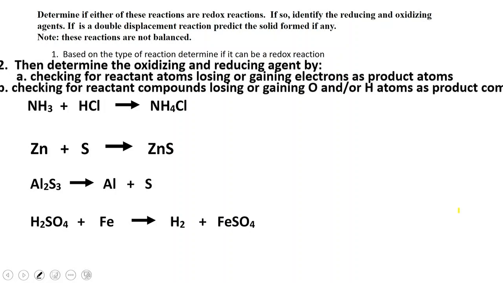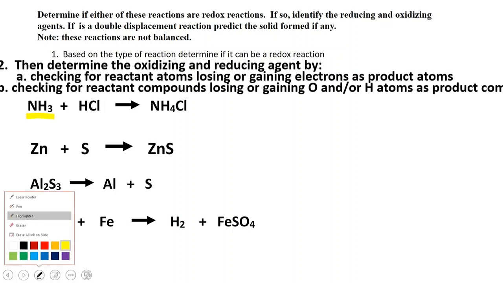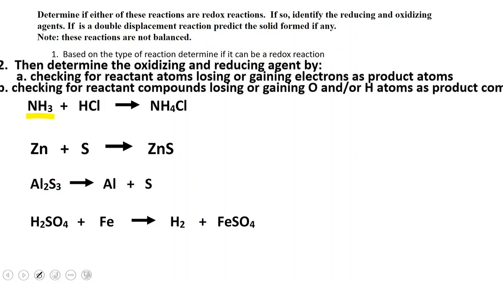Our first reaction we have is a synthesis reaction. It's a combination reaction. And if we take a look at what's happening to the atoms here, notice that our first compound is ammonia, and our second compound is HCl.